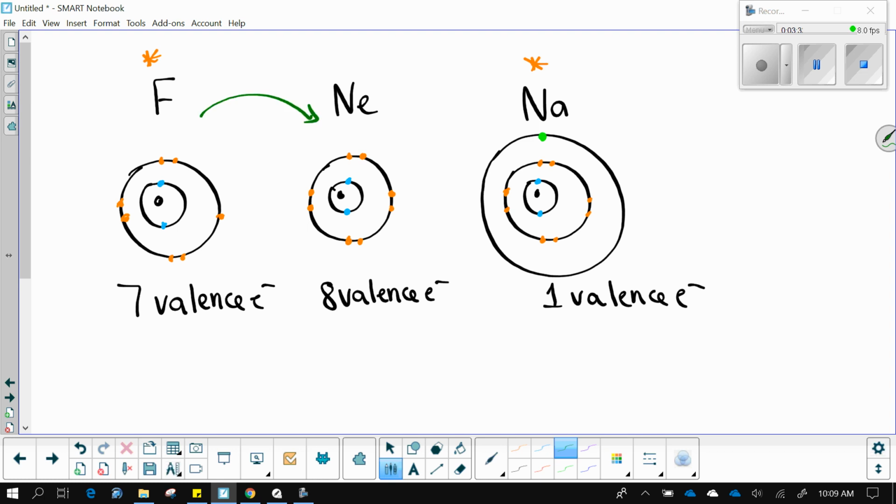From fluorine to neon, there is a gain of 1 electron. From sodium to neon, there's 1 less electron.